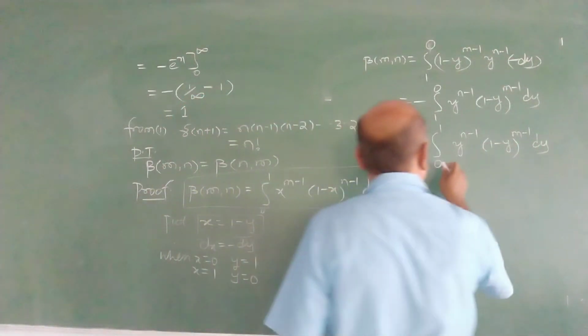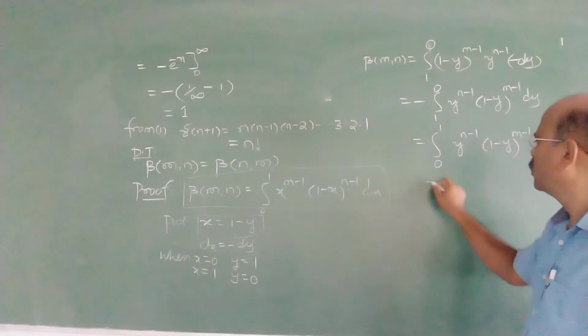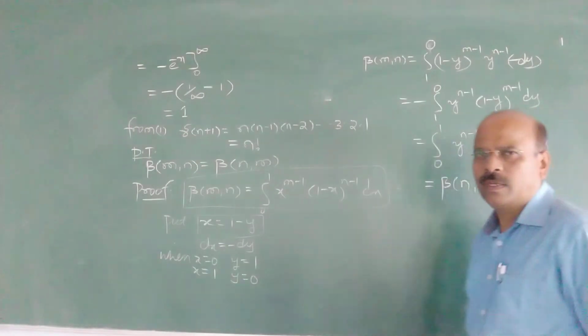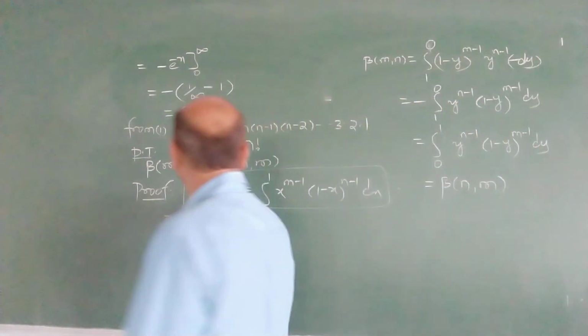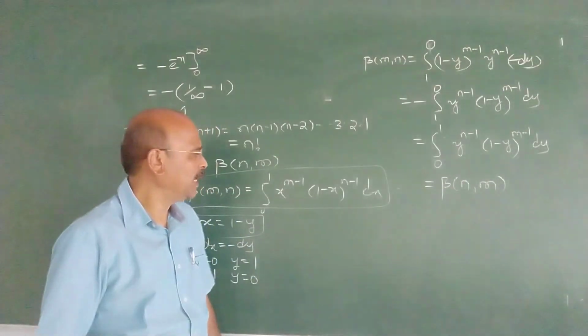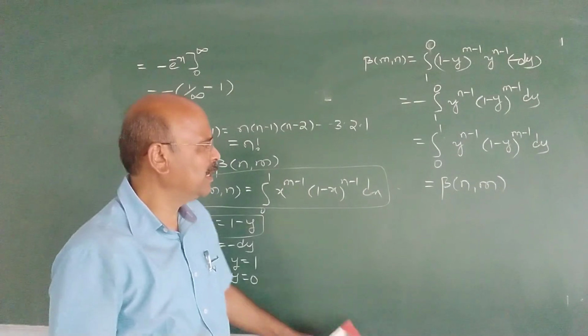So this is beta nm. Thus, beta mn is beta nm. It is symmetric. That is the result.